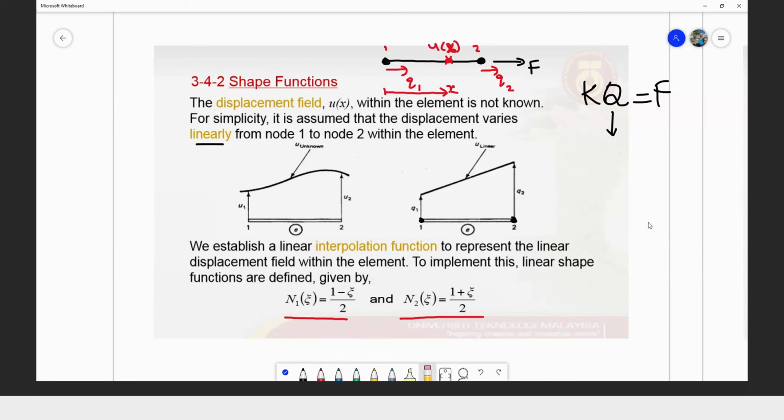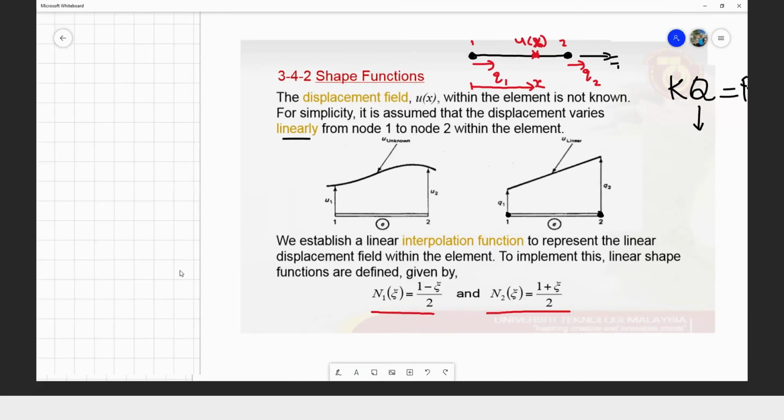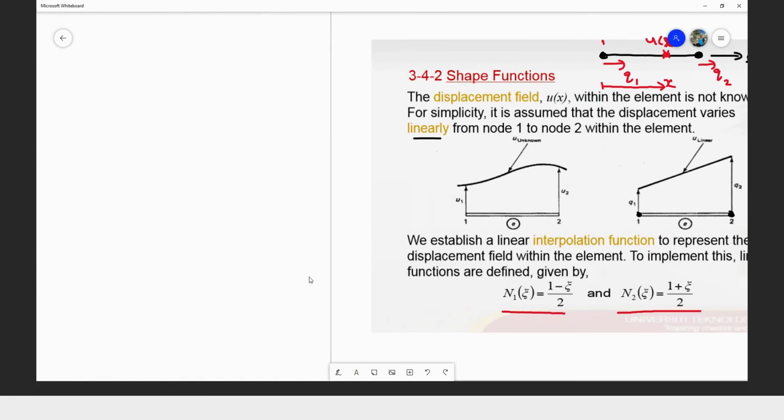So at least at this stage, we should understand that we have first the natural coordinate system, which is given by 2 over LE multiplied by x minus x1, and all of this minus by 1.